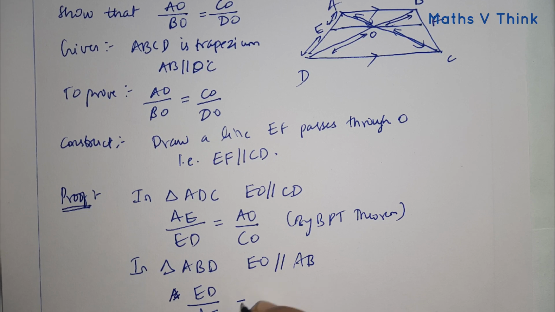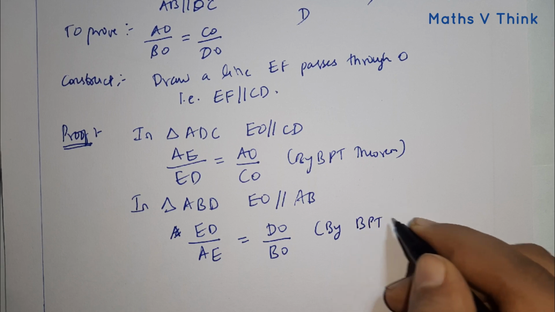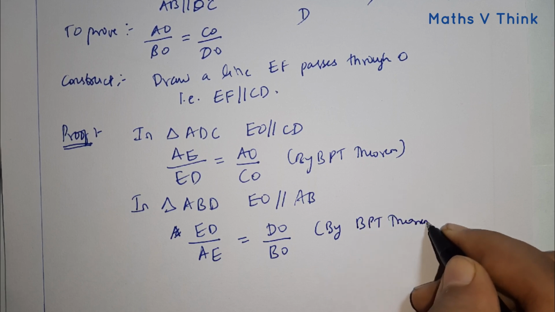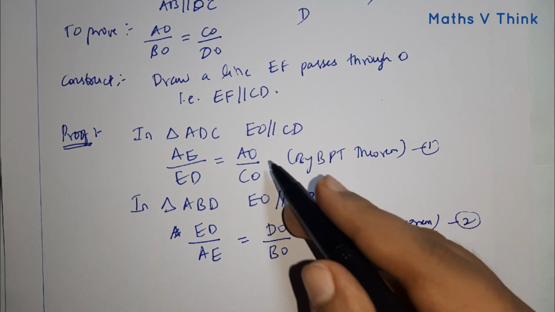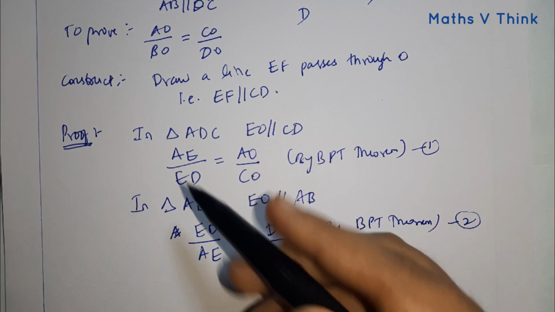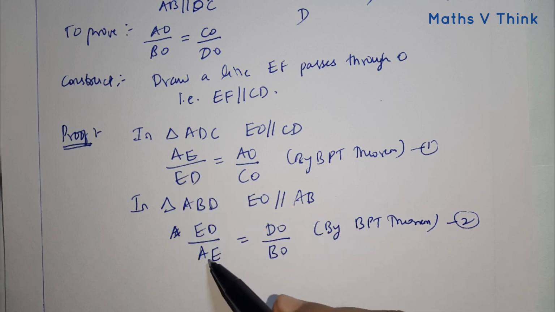So ED by AE is equal to DO by BO by BPT theorem. Let this be 1, this be 2. When I compare 1 and 2, I can see here it is AE by ED, but here it is ED by AE.